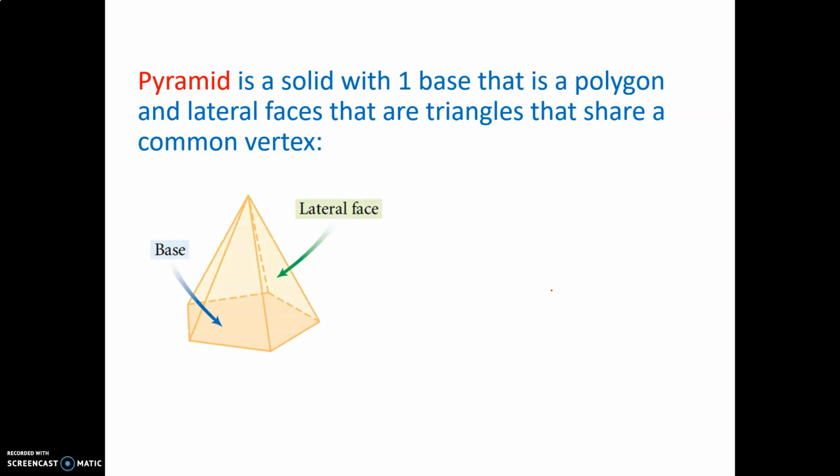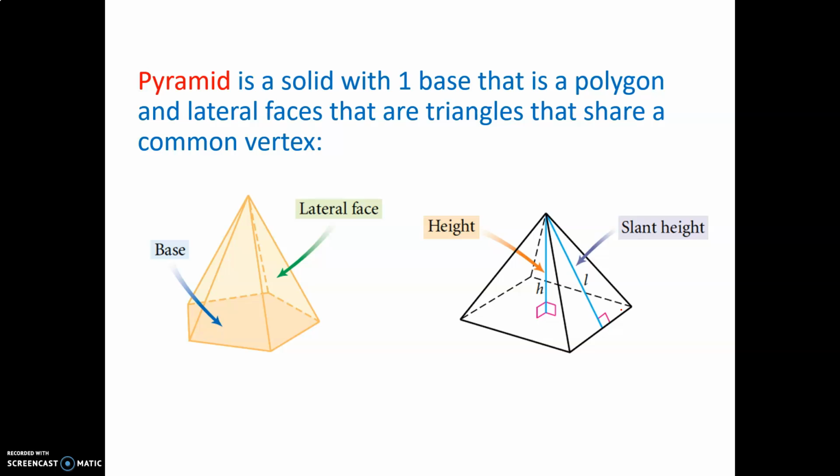A pyramid is a solid with one base that is a polygon and lateral faces that are triangles that share a common vertex. So here we have the base, and then we have these lateral faces, these side faces that are triangles. Okay, if I go from the top down, that's the height, and if I take one of these triangles on the side here and come down with its height, that's called L, or slant height.